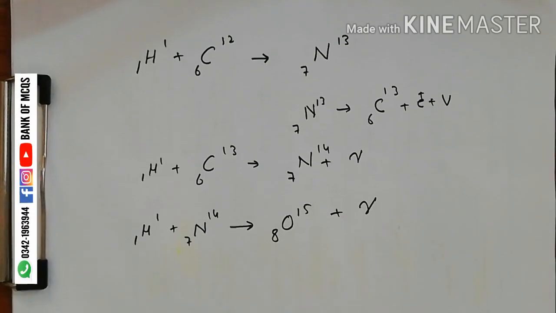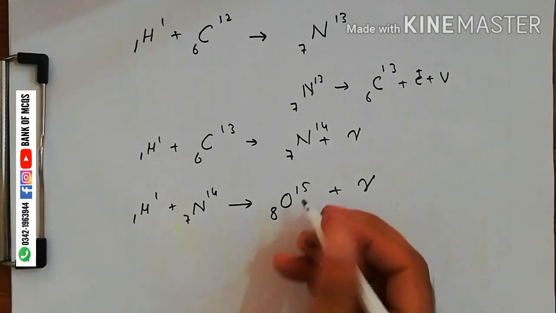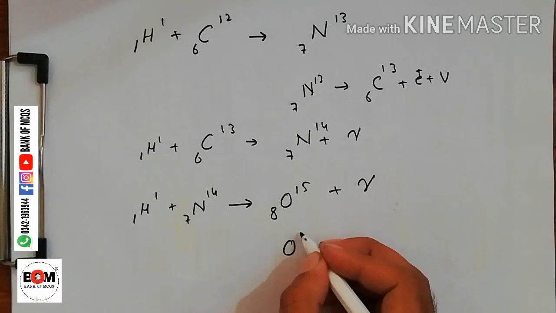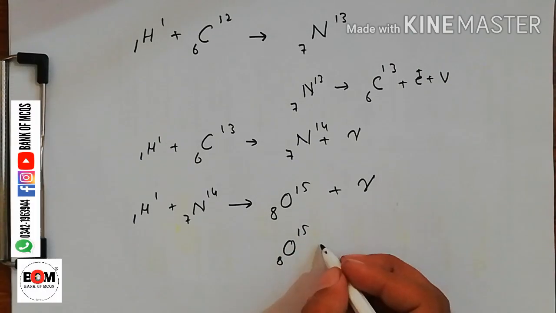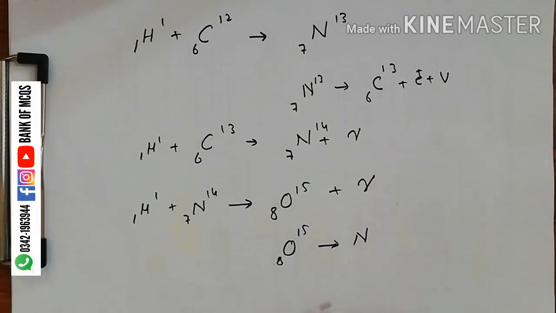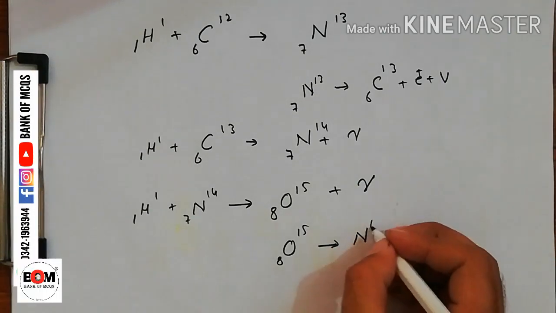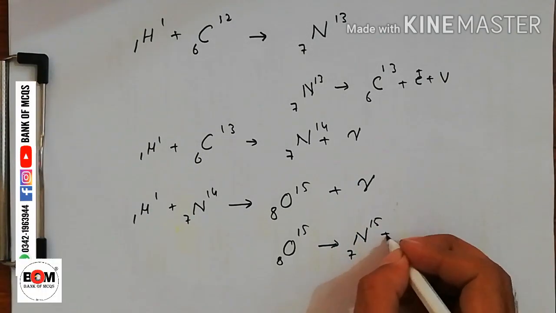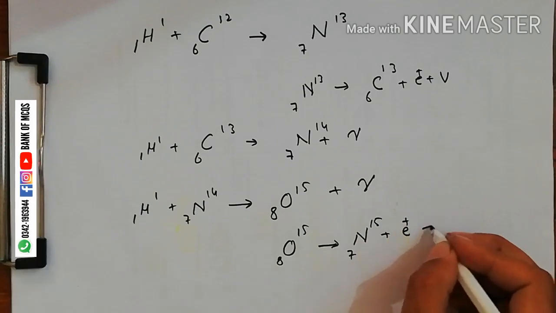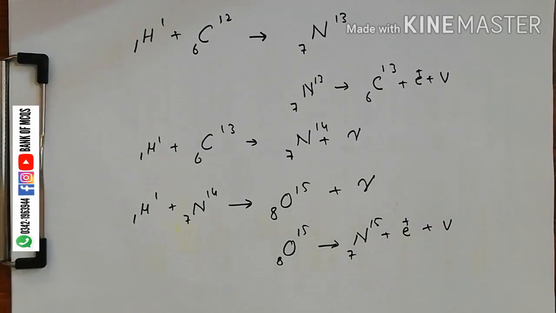Now further, this oxygen, that is oxygen 815, breaks into nitrogen 15 and 7 plus positron plus neutrino.